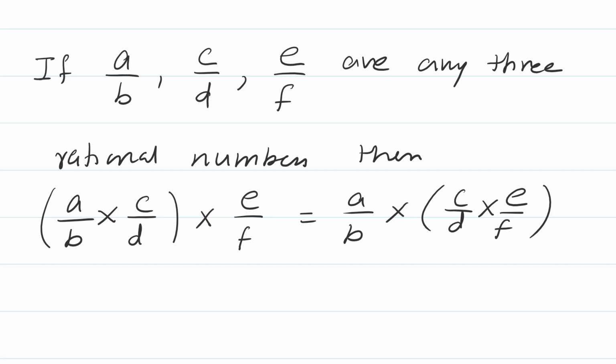Out of three numbers, here we have considered the product of the first two numbers, and then we multiply the result by E upon F.